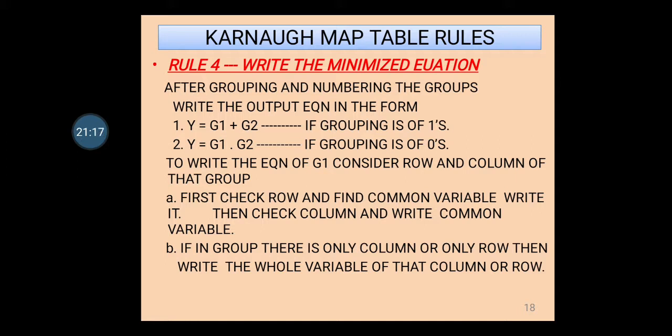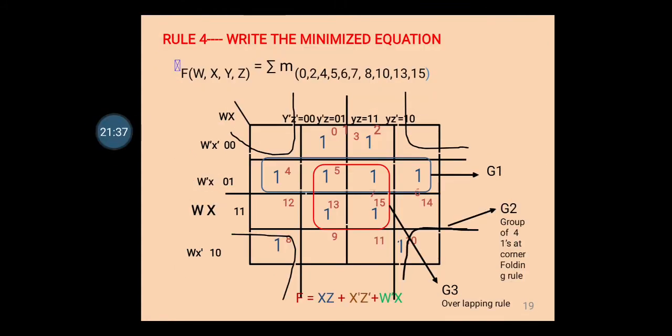First you check the columns and write the common variable from that, and then the rows, and find the common variable and write it for that given group. This is how you will go on writing the equation. You can understand this from here.